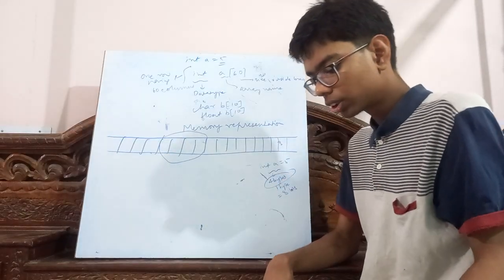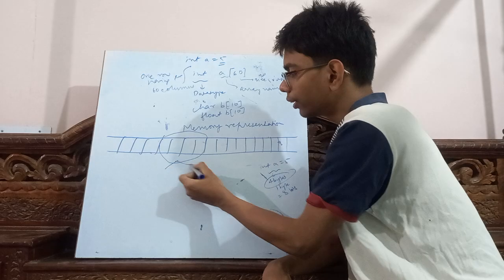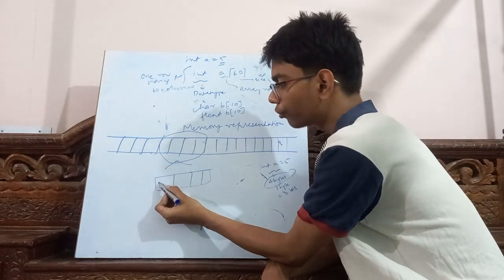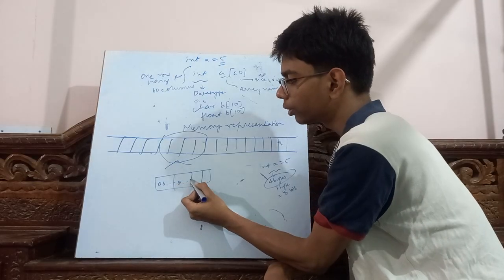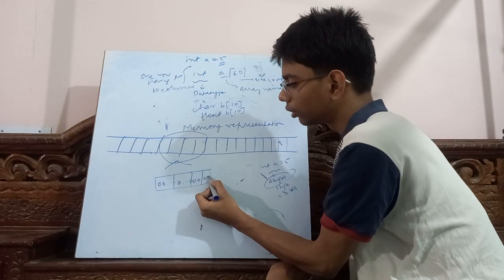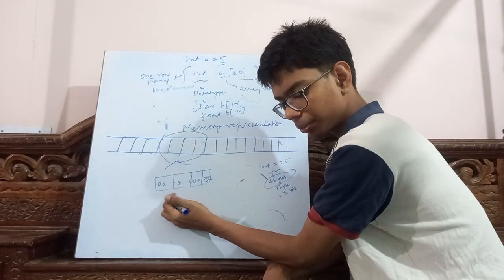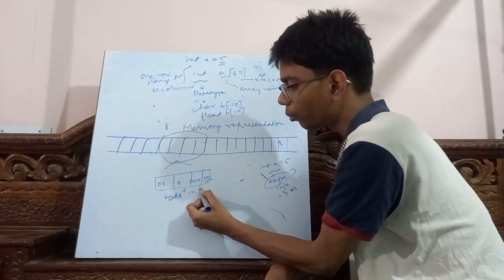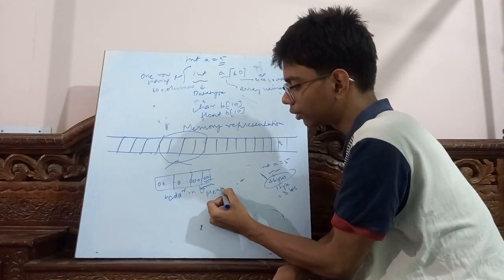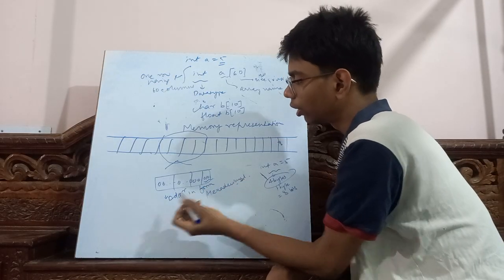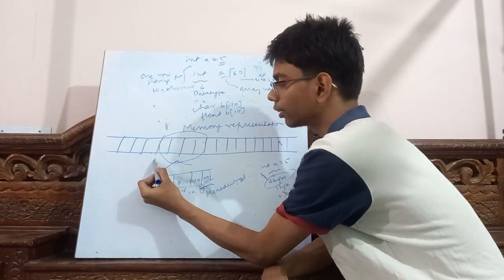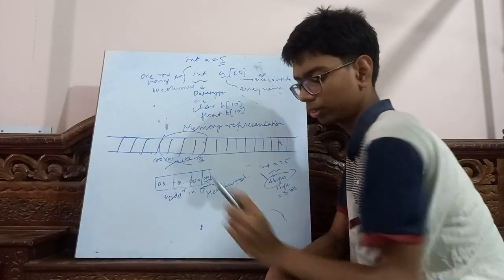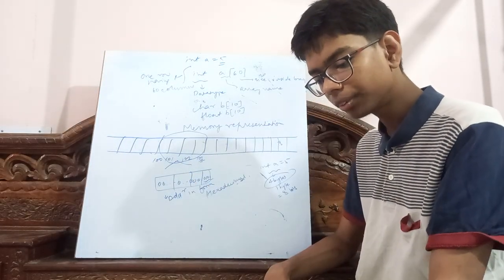When I zoom in, the 5 is stored in binary form, and the address is allocated in the form of hexadecimal. For convenience, we generally write 100, 101, 102, 103.